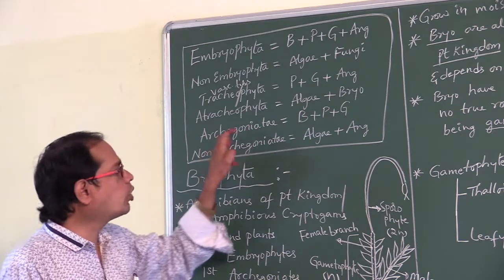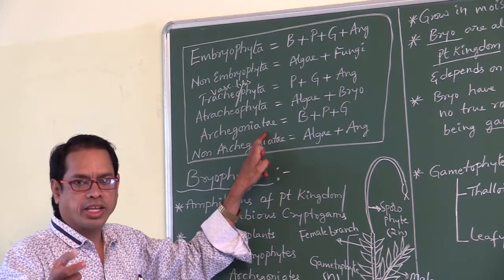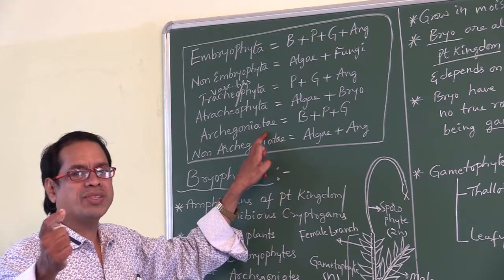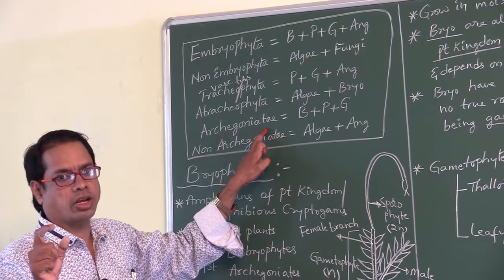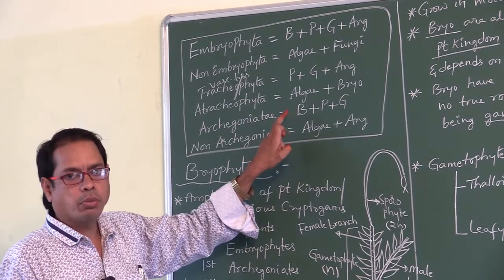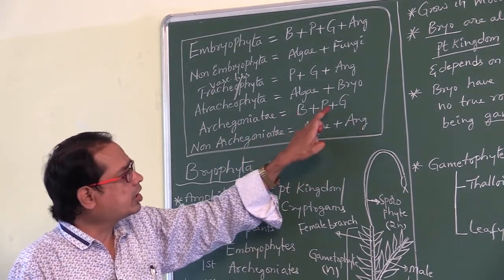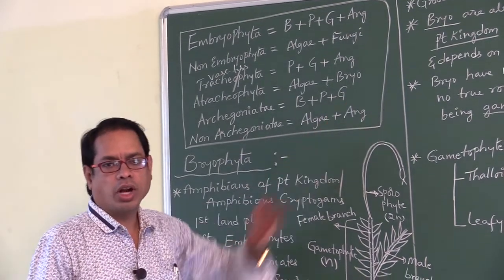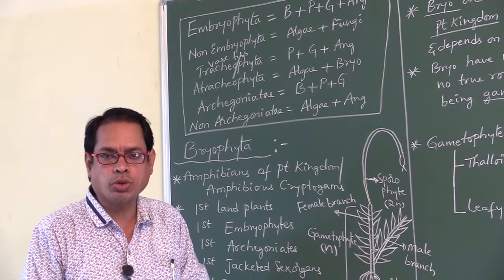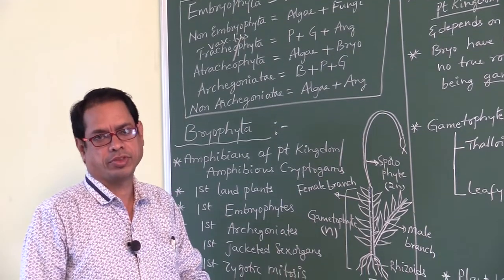Next, archegoniate. The plants that possess archegonia as the female sex organ. Those groups are bryophyta, pteridophyta, gymnosperms only. Don't write angiosperms here. What is the female sex organ in angiosperms? Gynoecium, isn't it?